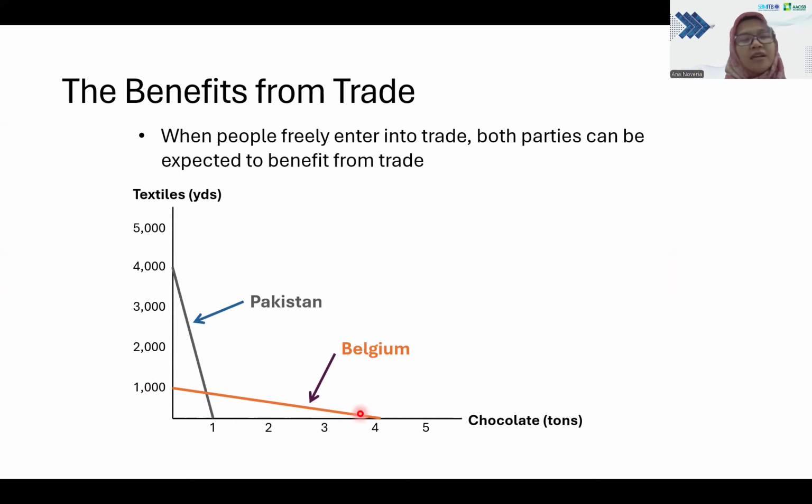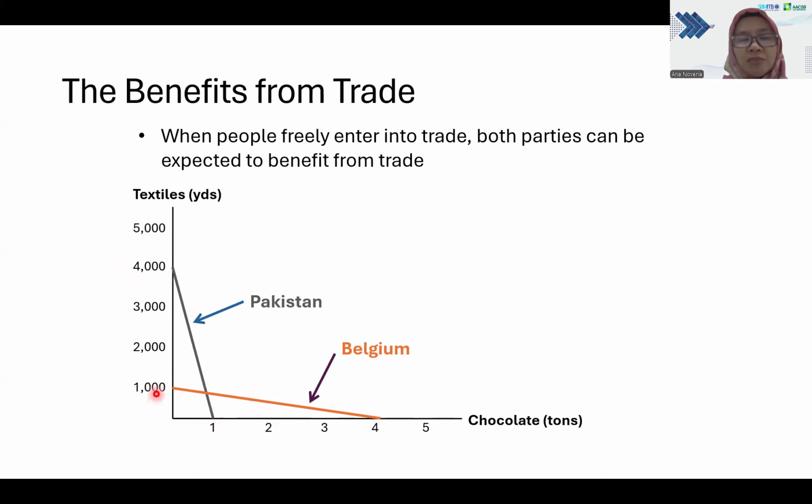This is output, in terms of producing textile and chocolate. If Pakistan uses all the resources to produce textiles, they can produce 4,000. But at the other extreme, if they use all the resources just to produce chocolate, they will get 1 ton. This is 4,000 yards, and this is 1 ton of chocolate.